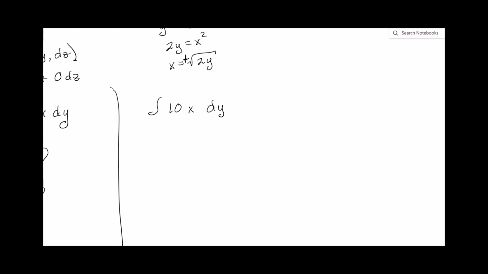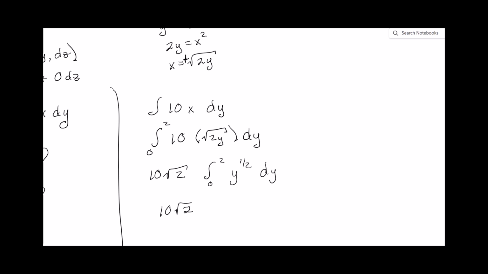So here I can go, 10x is actually 10 times the square root of 2y dy, and y goes from, again, 0 to 2. So that's 10 square root of 2 times the integral from 0 to 2, and instead of writing square root of y, I'm going to write it as y to the 1/2, because then I can do y to the 3/2, evaluated from 2 to 0.